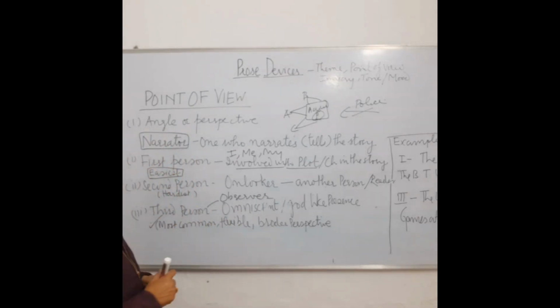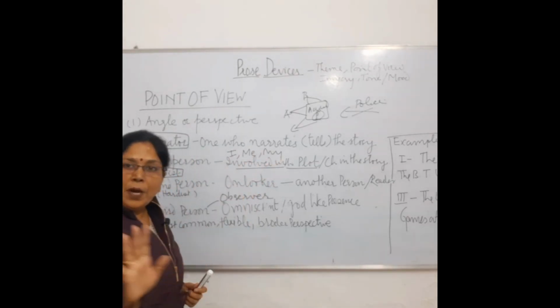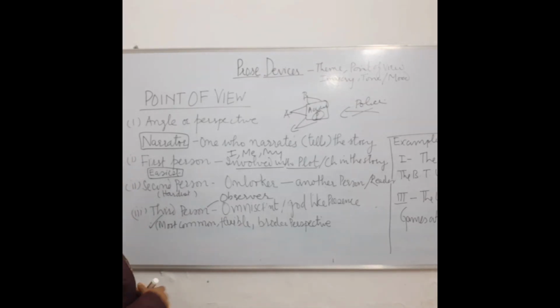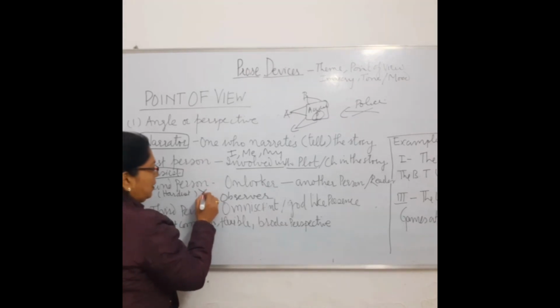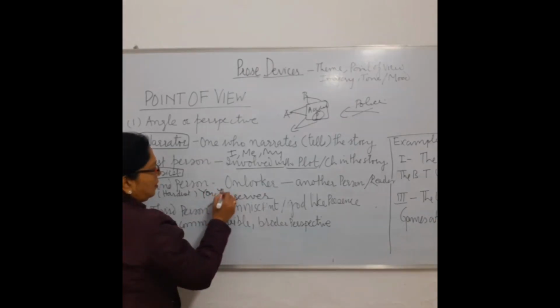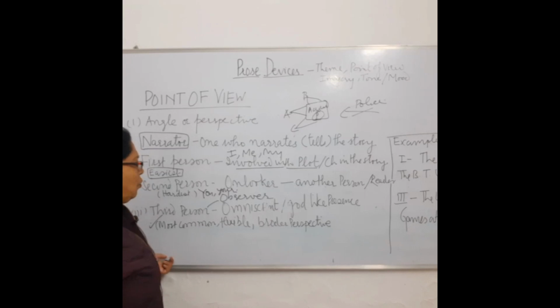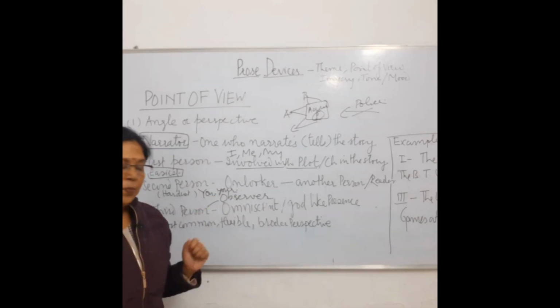Whether it is the first person, where I, me, or my, such kind of pronouns are used, then it means first person. Or the story is narrated by the second person. Second person means you, your, such kind of pronouns are used, then it is second person.